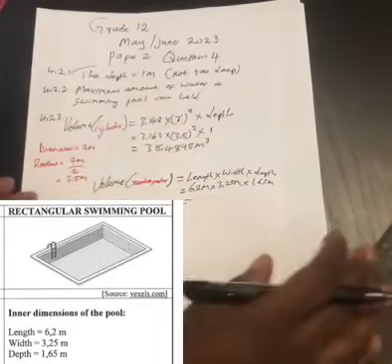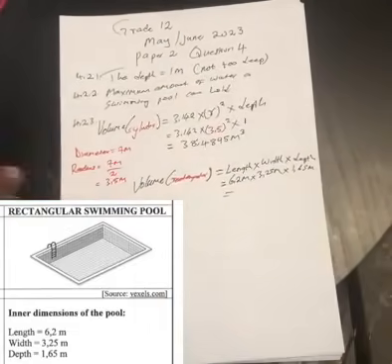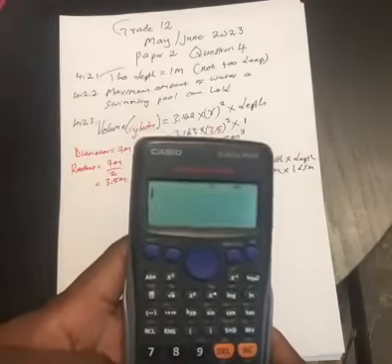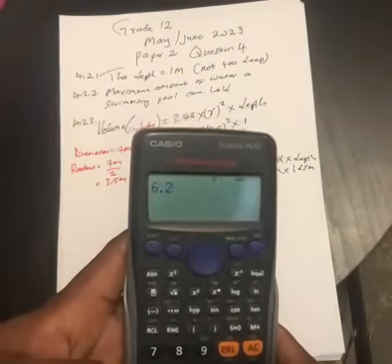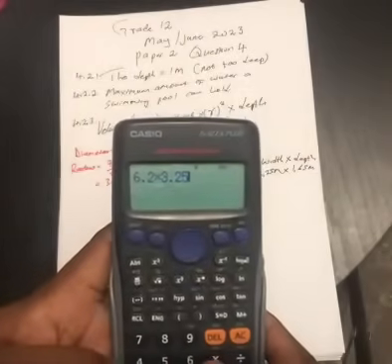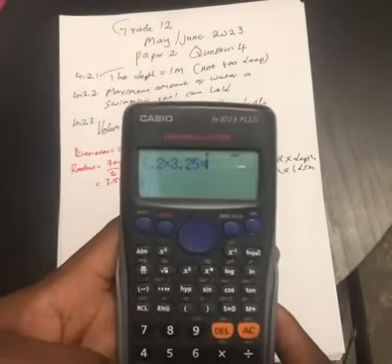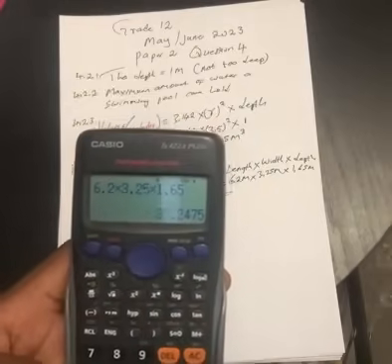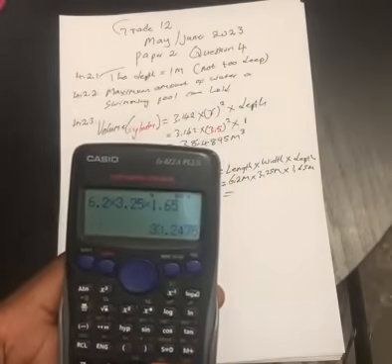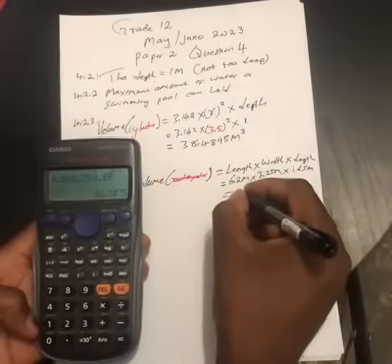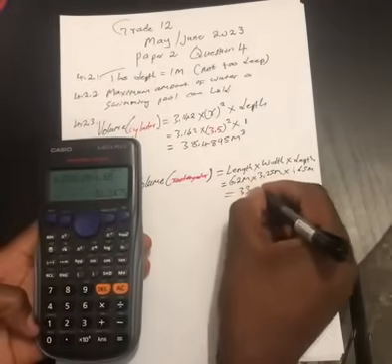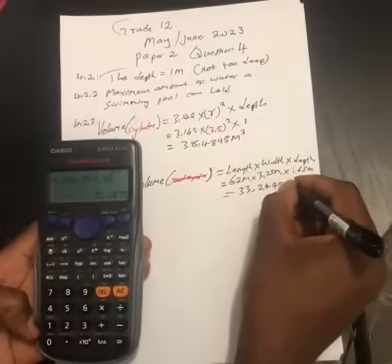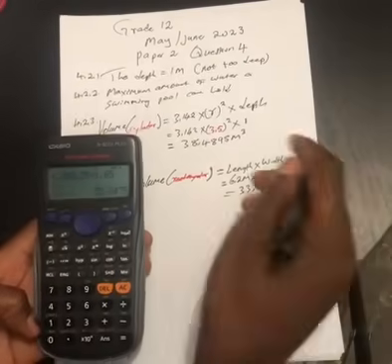Then also here, we just use a calculator. 6.2 multiplied by 3.25 multiplied by 1.65. Our answer is 33.2475 meter cube.